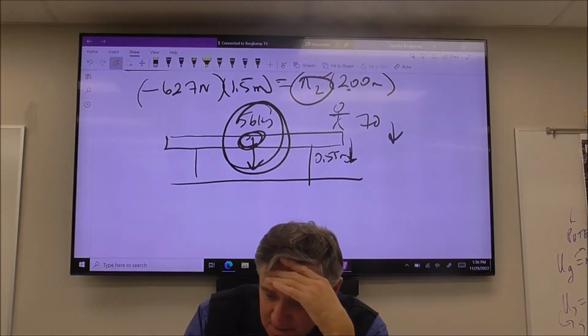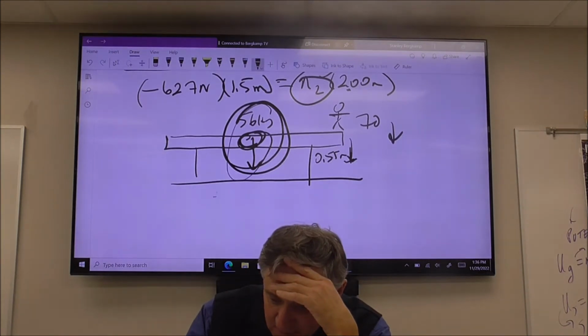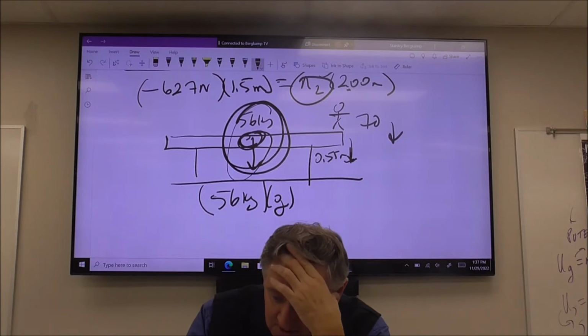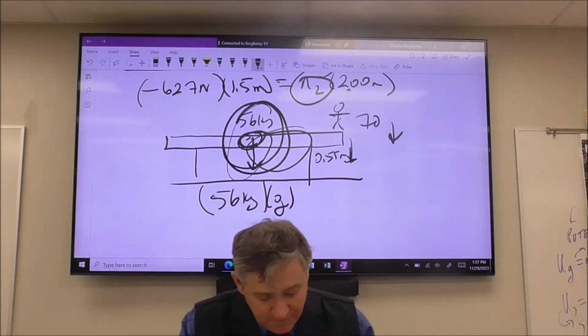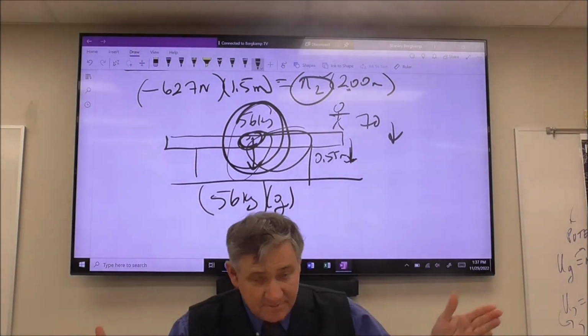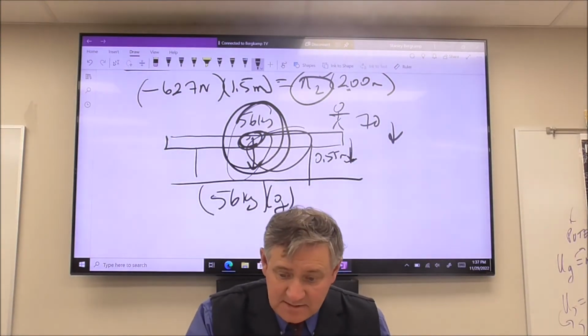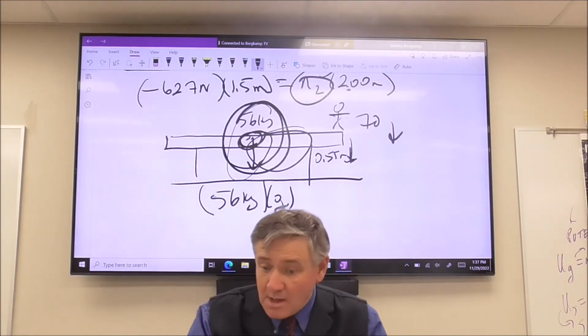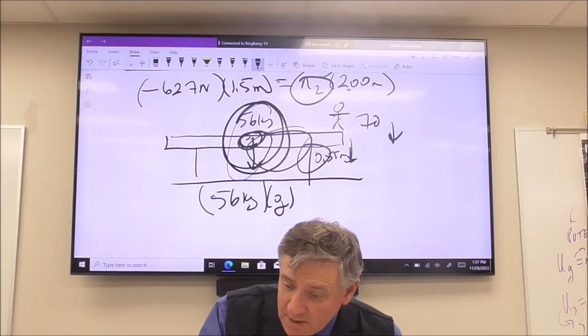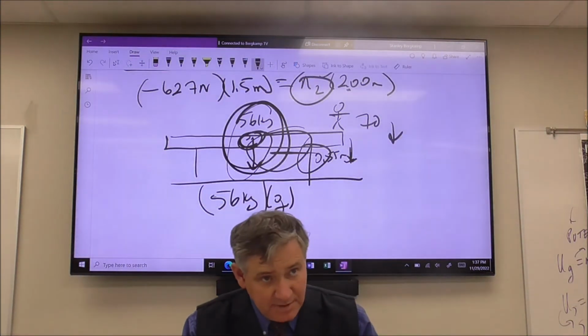So that torque from the table is going to be 56 kilograms times g. Now you've got to have that distance. So that distance, if you think it through, because that's 2.1 meters, that means half that distance is 1.05 to get to the middle. But you need the distance from the leg that it's going to pivot around.